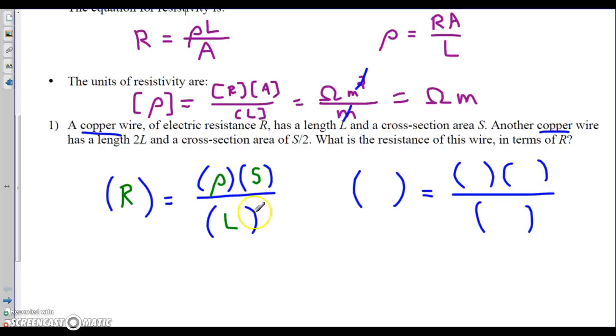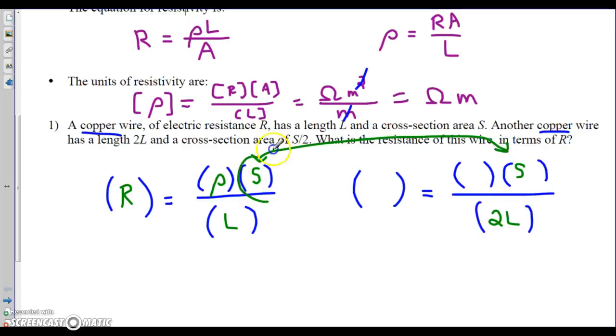I'll just use rho. In the second case, we've been told the length is not the same length. The second one has twice the first's length, so this is 2 times the first wire's length. And the cross-section area is S over 2. So the area here is not the same as the first wire's area.